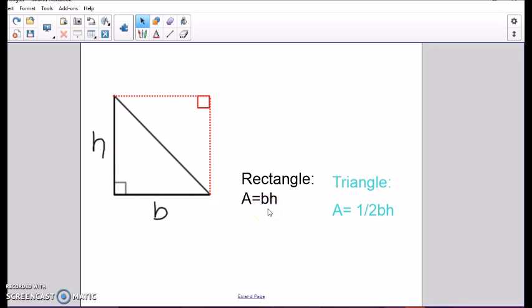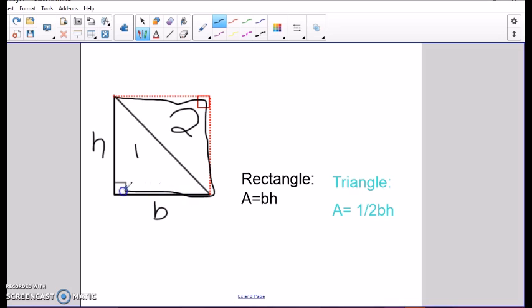We determined that for a rectangle the area is base times height. Well, for our triangle, the area is going to be 1/2 base times height, because there are 2 triangles in this rectangle, but we only need one of them. So we're going to take 1/2 of the full rectangle. So 1/2 base times height will give us this triangle, which was our original triangle.